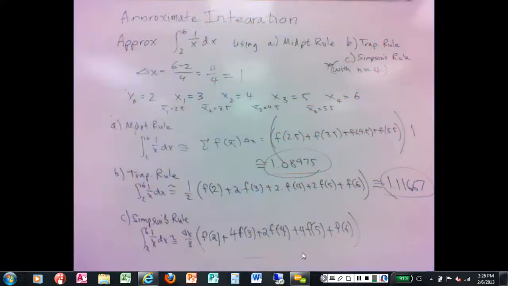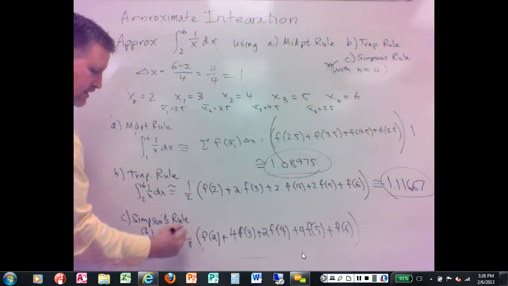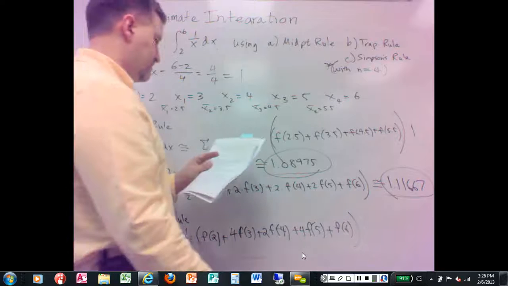And that should come out to be, this delta x being 1, that should come out to be 1.1.